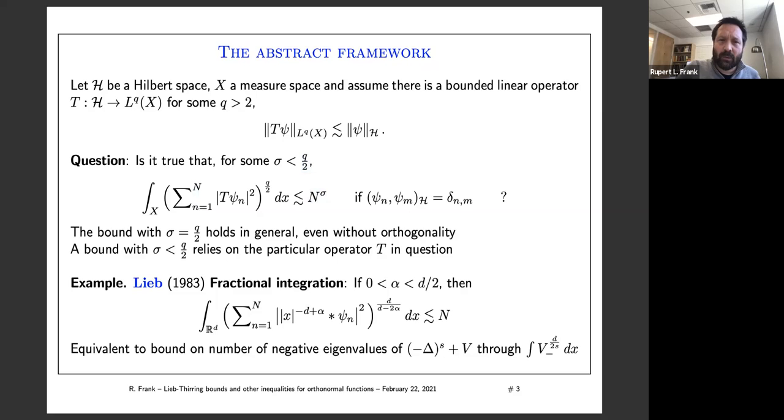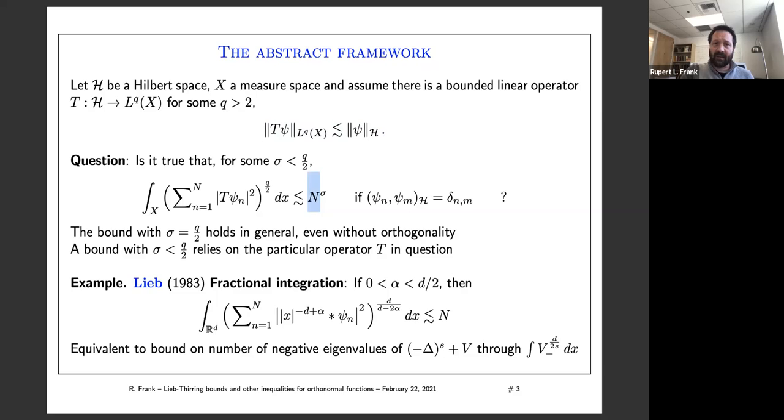Now, where does this Q over 2 come from? Well, that's a trivial bound, right? That just comes from the triangle inequality. If you take the 2 over Q root on the left side, apply the triangle inequality, and then for each term in the triangle inequality apply the inequality above, and recall that the functions are all normalized, then you get exactly n to the Q over 2 here.